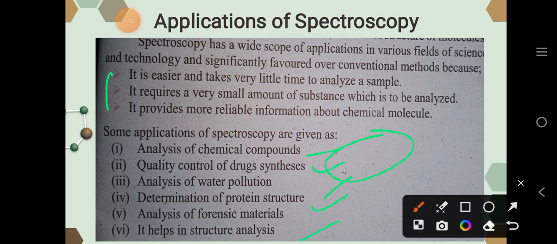We also use this technique for the quality of drugs. For water pollution, if we want to see certain chemical compounds, we can use this technique. We can determine the structure of protein, which kind of protein we have in a sample. And for forensic material, if you take a blood sample or any other sample and want to identify certain chemical compounds in it, you can use the technique of spectroscopy.